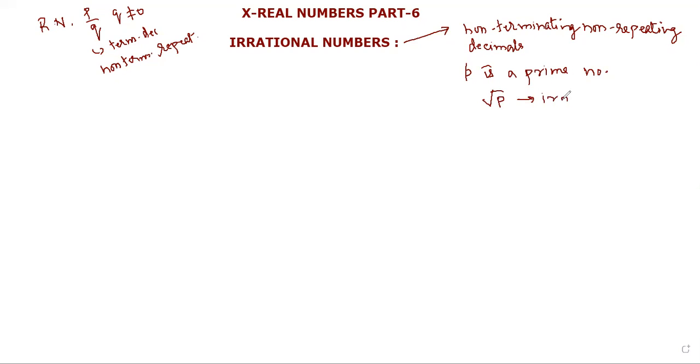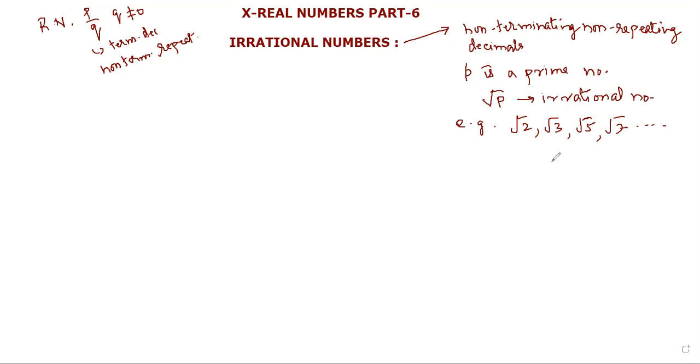Under root p is always an irrational number. So, for example, under root 2, under root 3, under root 5, under root 7. All are irrational numbers.